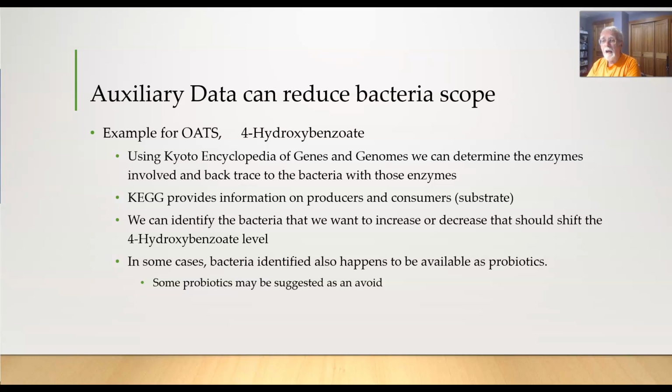And in some cases probiotics are suggested to be avoided because they will just push certain enzymes even higher than they are intended to be. So it basically gives additional ways of looking at it. So auxiliary data can be helpful in selecting which bacteria you want to include and which direction you want those bacteria to go. As I said, there's nothing simple about this. It is a complicated complexity.